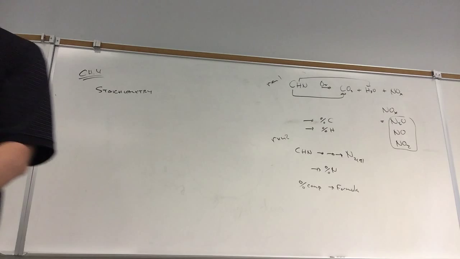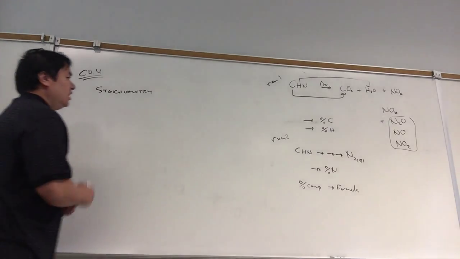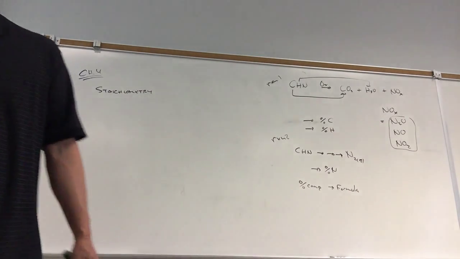Stoichiometry is just quantity relationships in chemistry. Typical stoichiometry map.